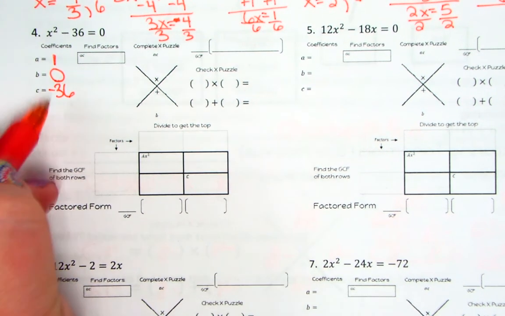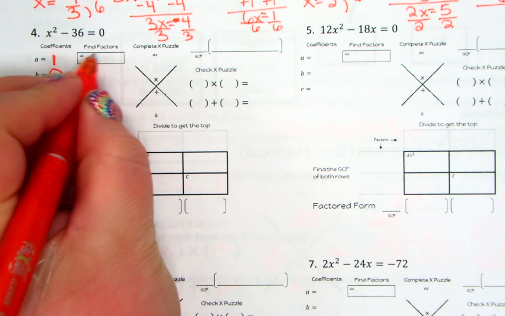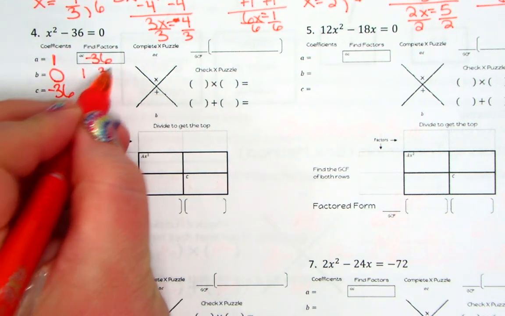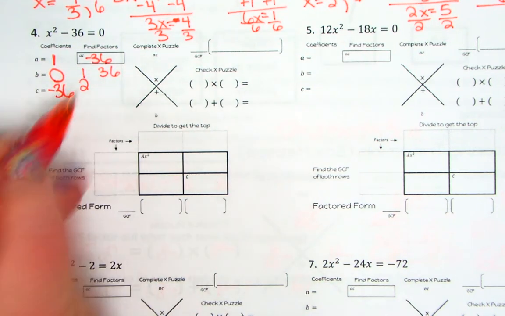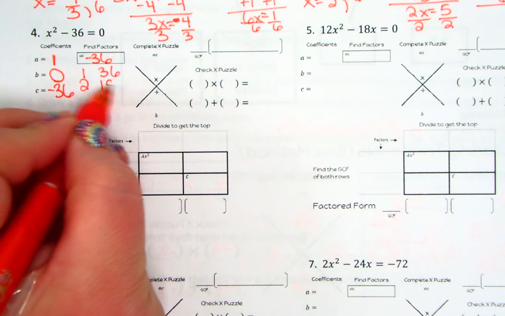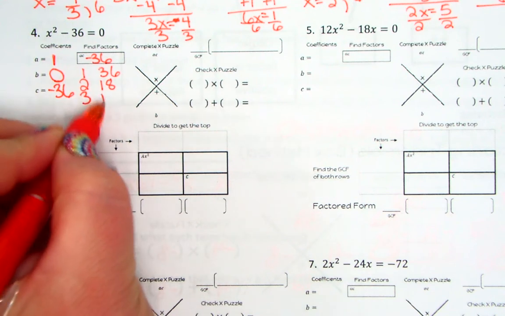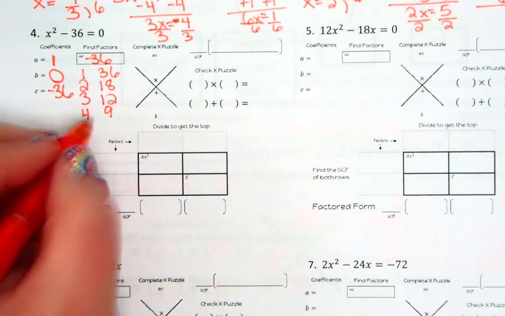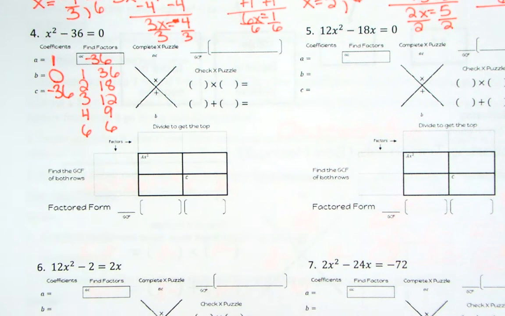So A times C equals negative 36. 1 and 36. 2 and 18. 3 and 12. 4 and 9. 6 and 6. There's all the factors.